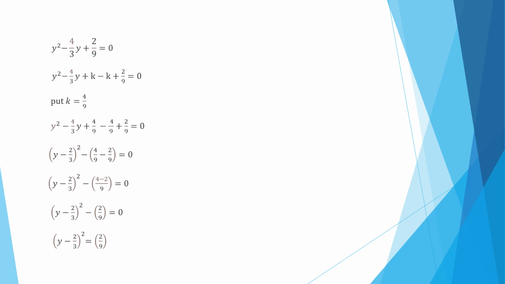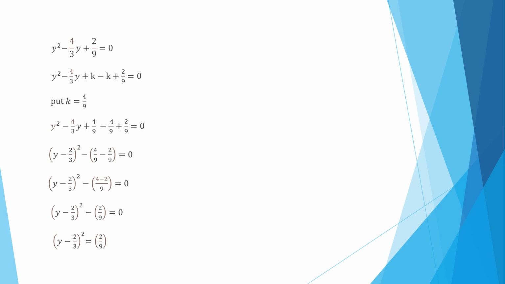Here a is y and b is 2 by 3. So (a minus b) whole square is equal to a square minus 2ab plus b square. So the value of (y minus 2 by 3) whole square is y square minus 4 by 3y plus 4 by 9. So this is the square of y minus 2 by 3.